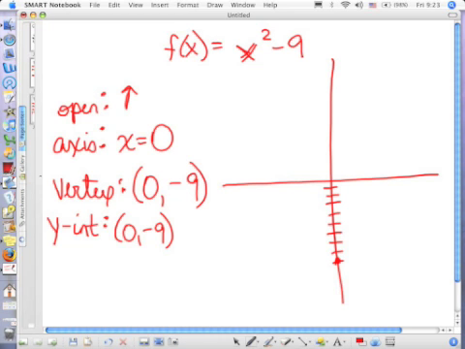I can either use a table of values and find what's y when x is 1 and x is -1, or I could find the x-intercepts and have a better picture of this parabola. How could I find the x-intercepts? Set this equal to 0, factor, right? This is the difference of 2 perfect squares. If I set that equal to 0 and factored, I would have x minus 3 times x plus 3.